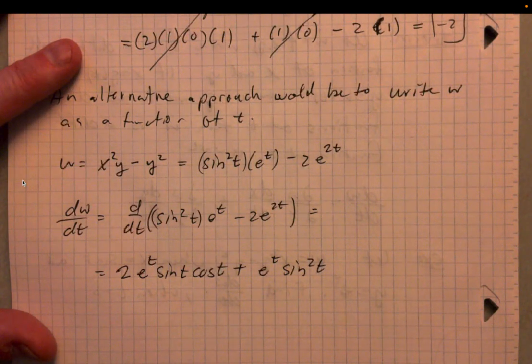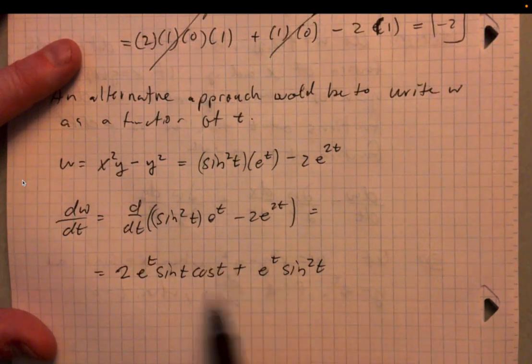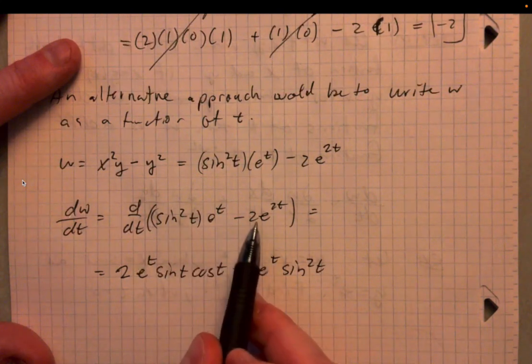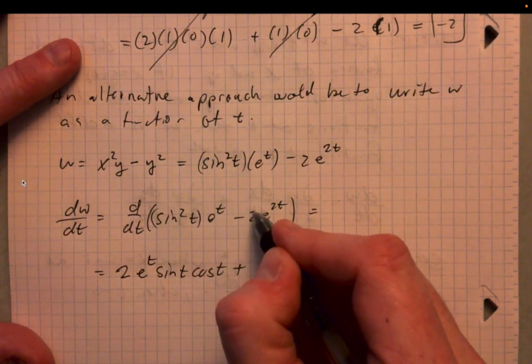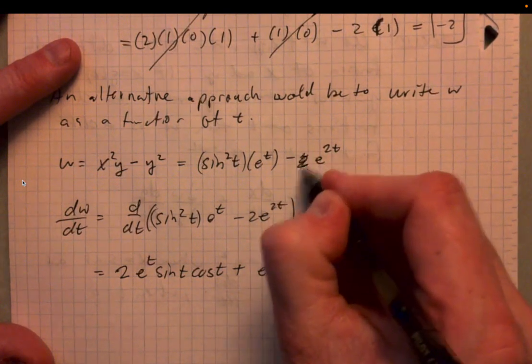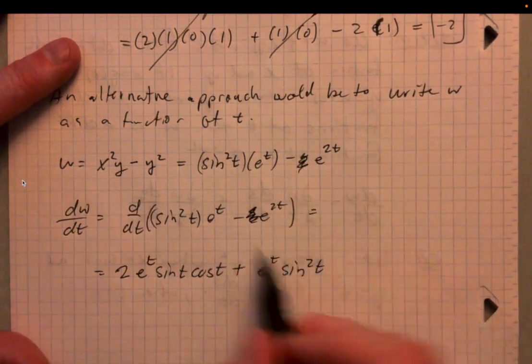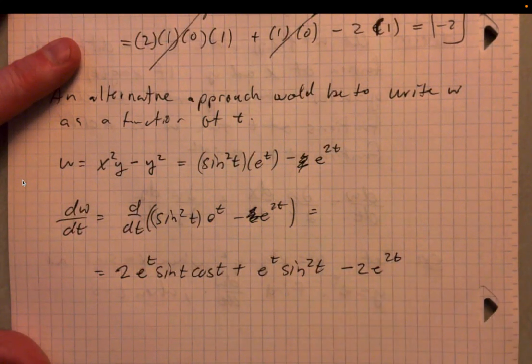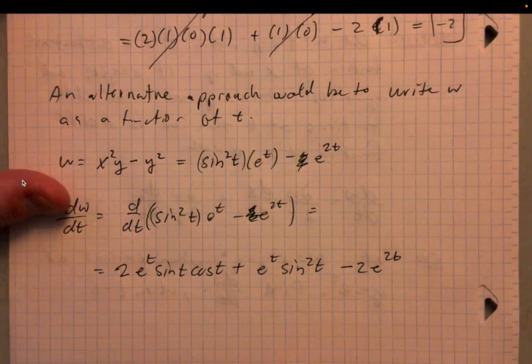Okay. Yeah, that's right. And then that's this part here, and then this guy here would just be minus, oh, that's not supposed to be a 2 there. This would differentiate down to be minus 2e to the 2t. Right. Now, does that match what we got up above?